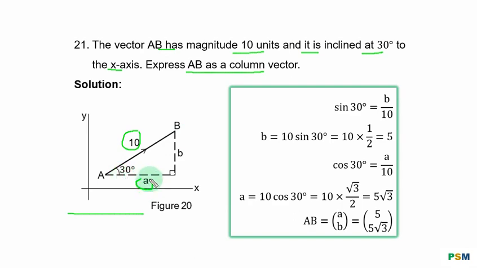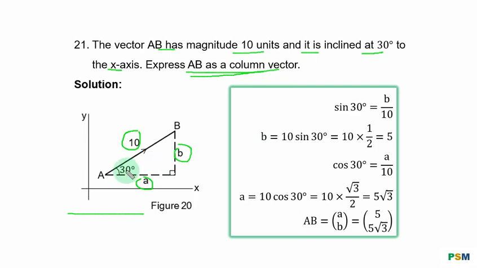This is vector A. You have vector B. The angle that is inclined to the x-axis is 30 degrees. We need A and B in order to express AB as a column vector.